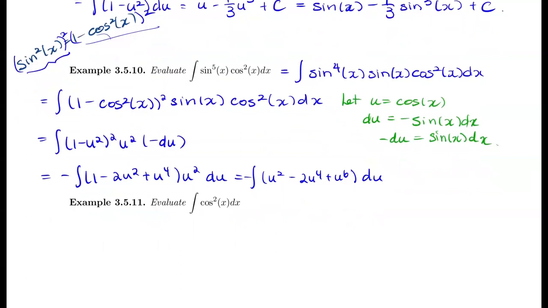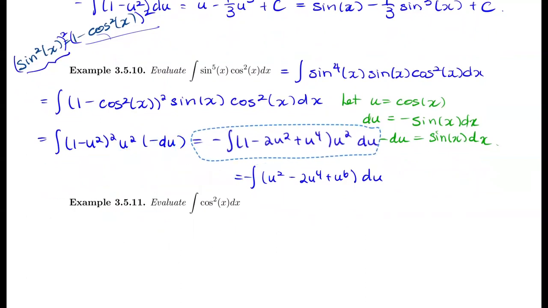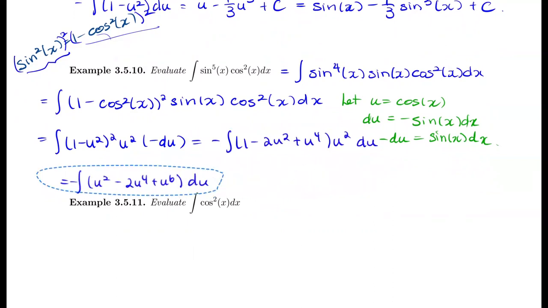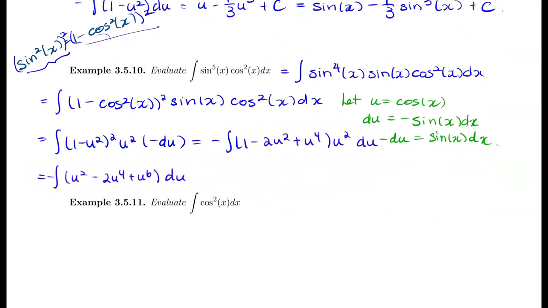And then once you evaluate this, I'm going to try to make some more room here. Yep, there we go. If I just evaluate this integral, I would get a third, and I'm also going to undo the substitution here as well, just to make it a little bit cleaner.